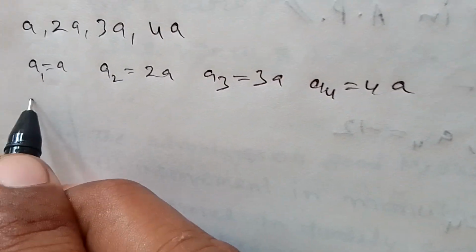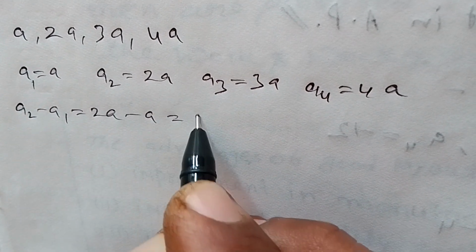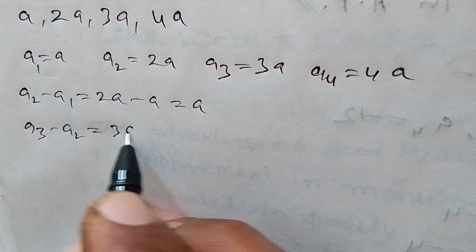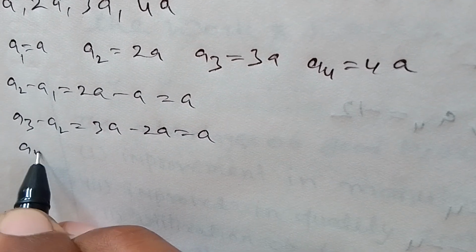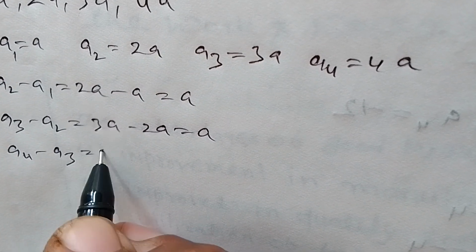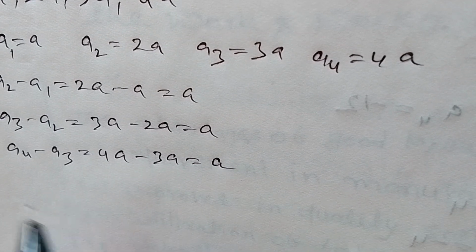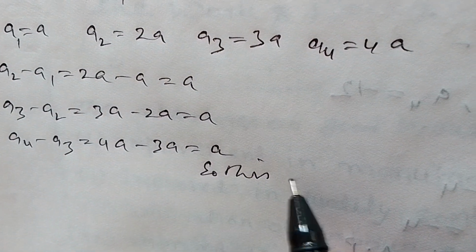A2 minus A1 comes out to be 2A minus A, that is A. A3 minus A2 is 3A minus 2A, which comes out to be A. A4 minus A3 is 4A minus 3A, which comes out to be A.